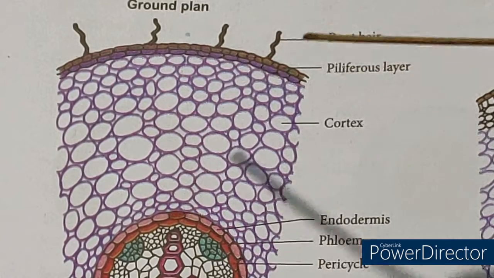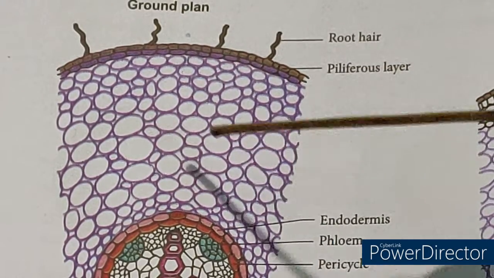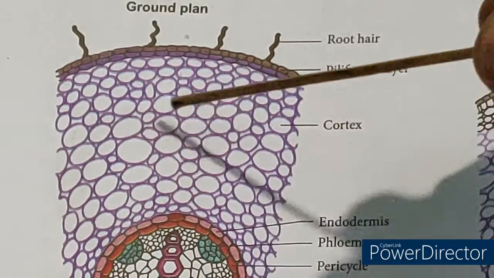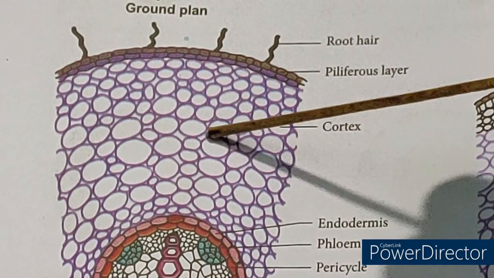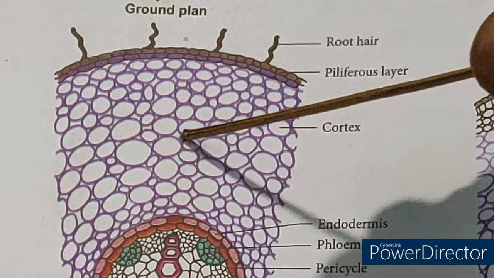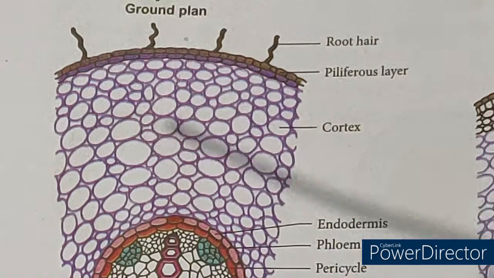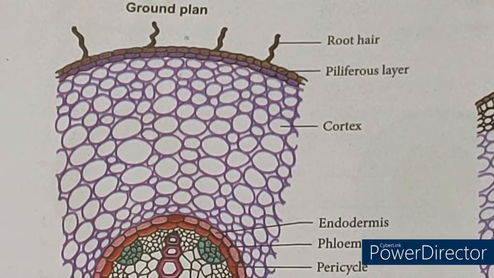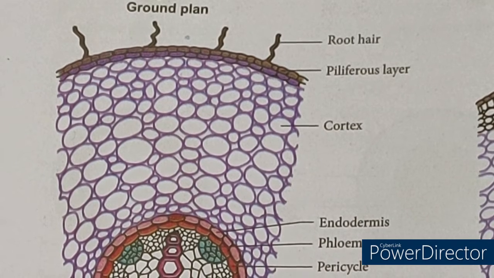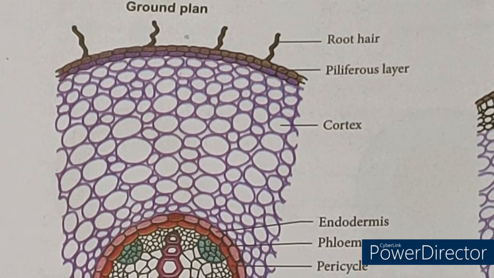These cells are parenchymatous in nature with intercellular space. You will learn later that in some cortex cells there will not be space. Can you understand here? In between two cells you have a space. This space is known as intercellular space. Inter means in between. The space in between cells is known as intercellular space.